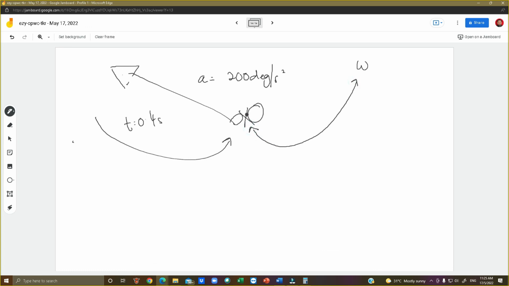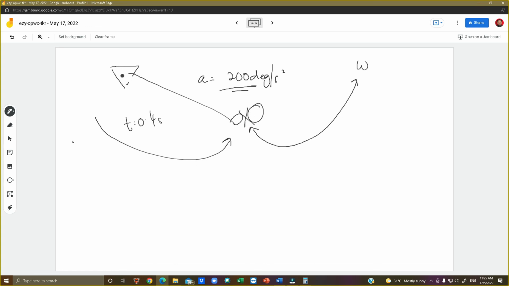Ni angular velocity final ke angular velocity initial ni? Is it initial ataupun final? Come on guys. Maksudnya dia bagi tahu kaki ni dalam masa 0.4 saat it accelerates at 200 degree per second square. So the question is, what is the angular velocity at contact?